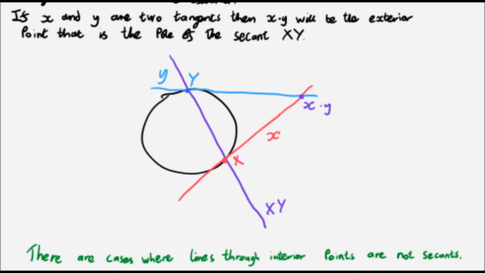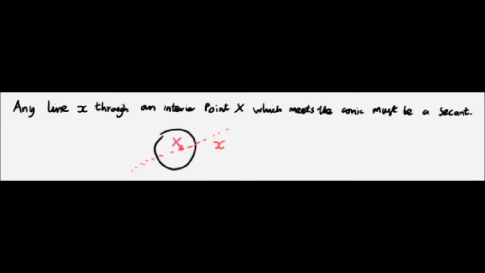So let's consider the problem of finding a secant for a given point. Let's say we have this point capital X and we want to find a secant through it. Well, if it's an interior point, then all we have to do to get a secant is draw any line we like through this point X. Since we have an interior point, by definition, every line through this point is not a tangent.